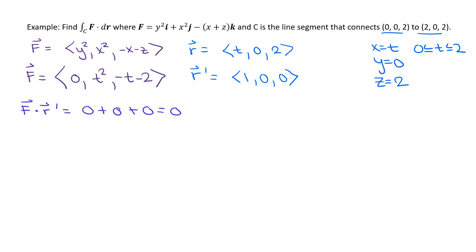And then I'll take f dot r prime. Oh, I get 0 plus 0 plus 0 plus 0. Well, that's kind of nice because I guess if I integrate 0, I'll get 0, and that's my final answer. So I wasn't able to use my fundamental theorem for line integrals, but fortunately the numbers weren't too ugly on this one, and I have a final answer of 0.